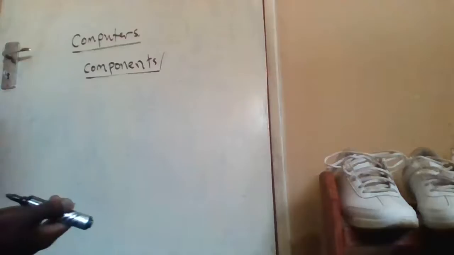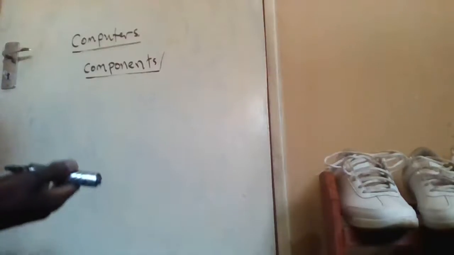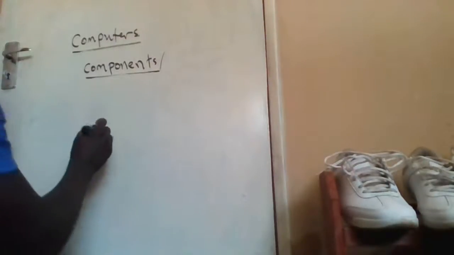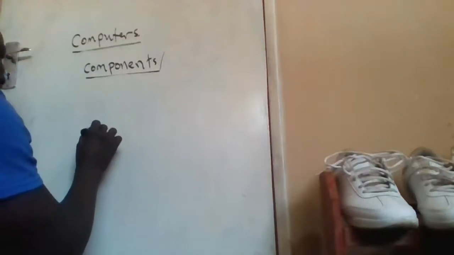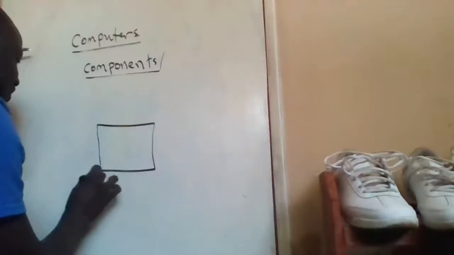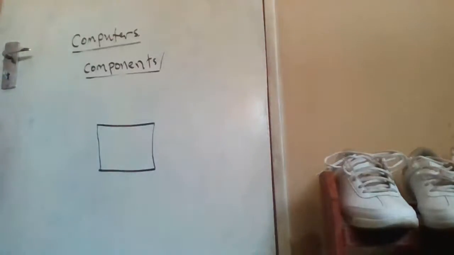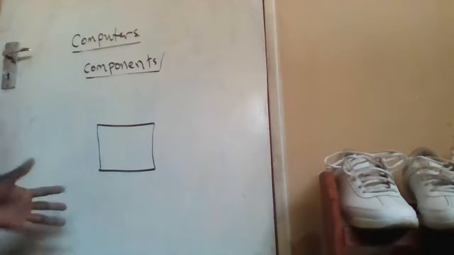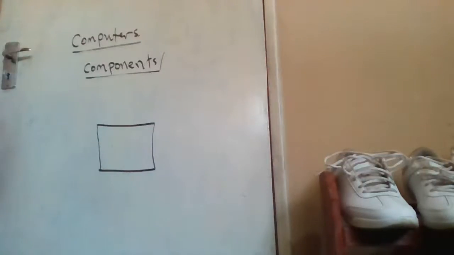Now a computer needs to have this processor. The central point of it, just like a human being is able to carry out a lot of processes. A human being is able to think, to store information, to reproduce. There are quite a lot of systems there.